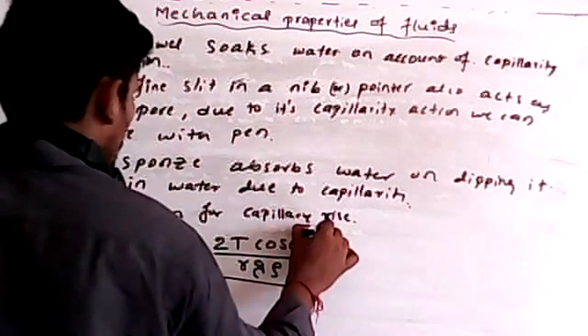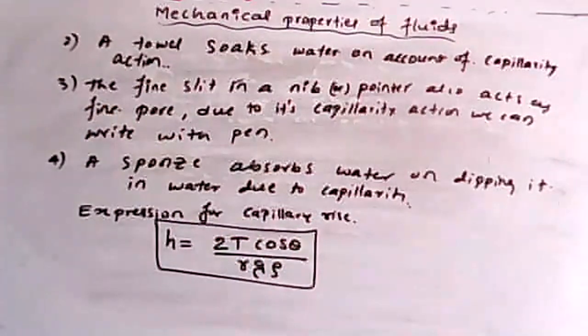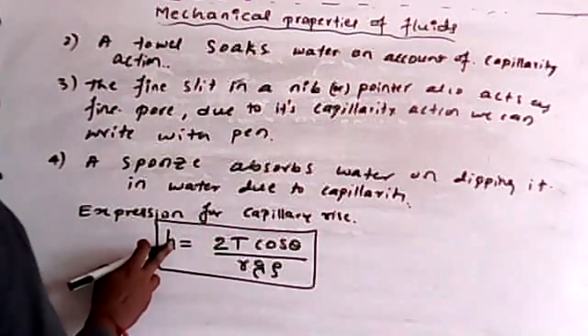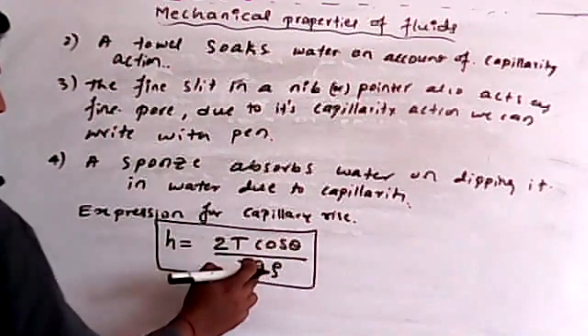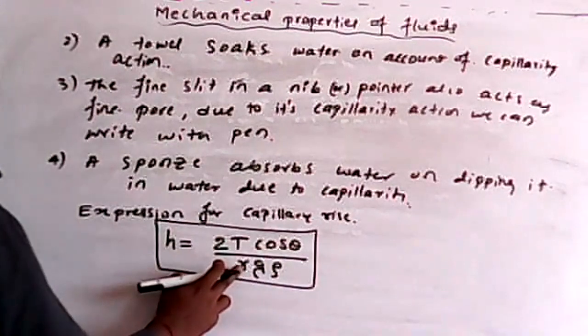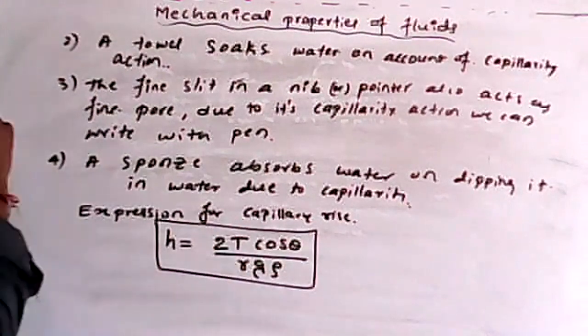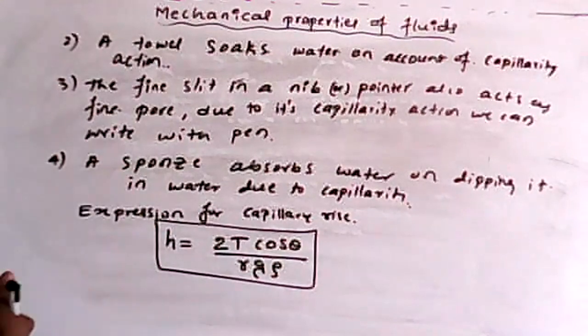This is one of the equations for capillary rise, that height, which depends on surface tension, the angle of contact, that is theta. Then r means the radius of the capillary tube, gravity as well as density of the liquid. So whether you take mercury or water, that depends on liquid density also.